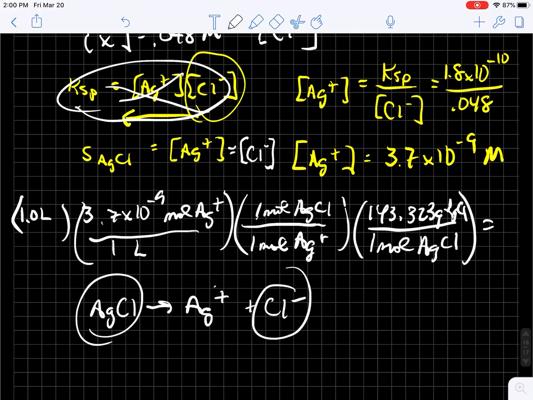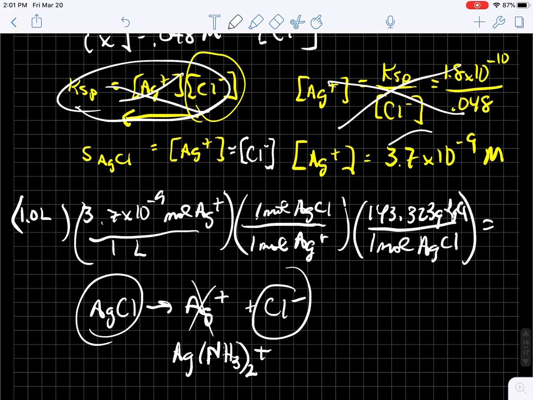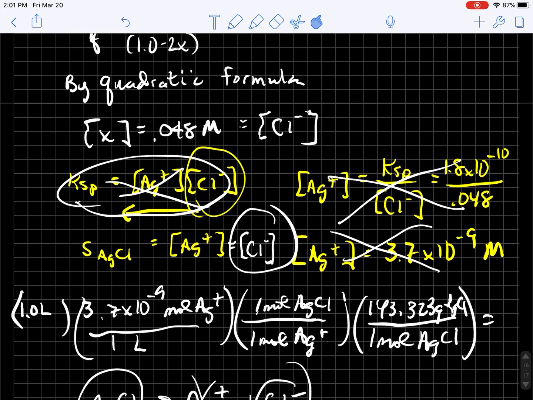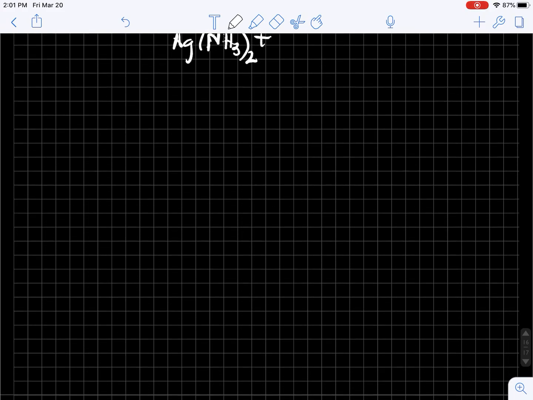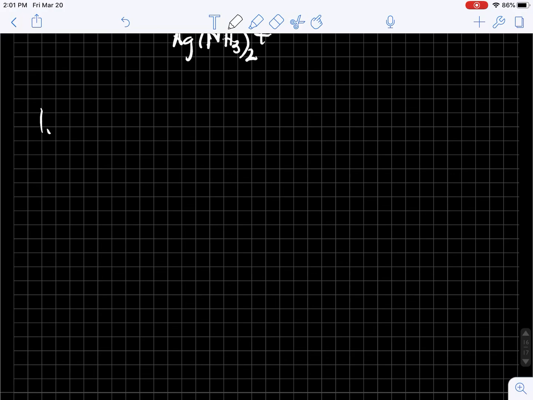So how much of this dissolves is actually equal to the chloride because we're no longer dealing with silver ions by themselves. We're creating the silver diamine complex. I'm sorry, my bad. So all of this part right here we can get rid of, and we already calculated the chloride, which was 0.048. So let's try that instead.